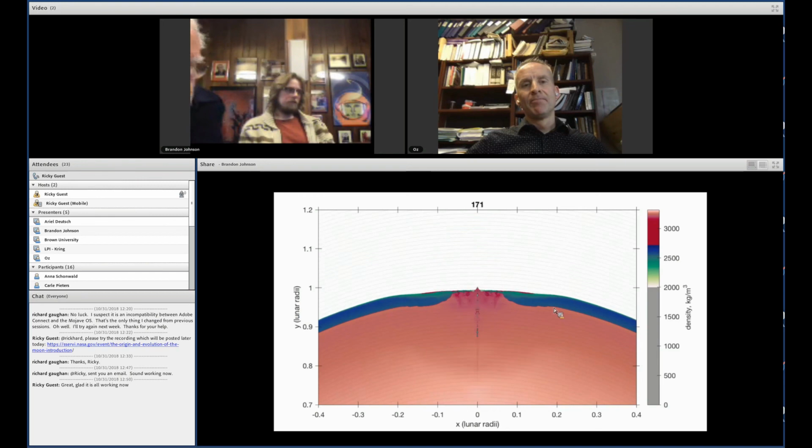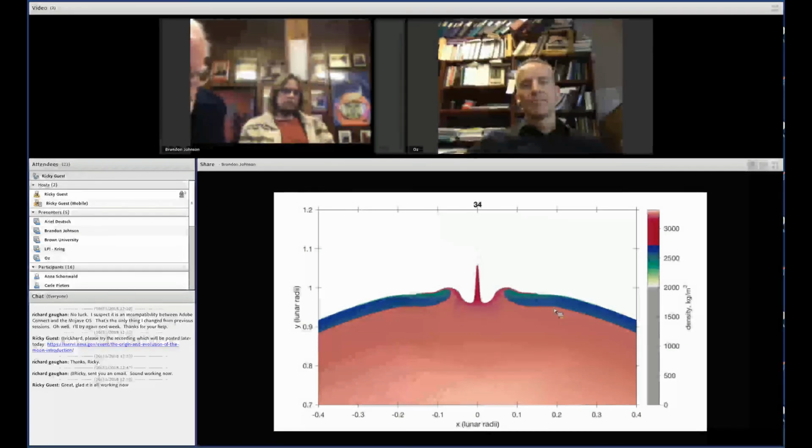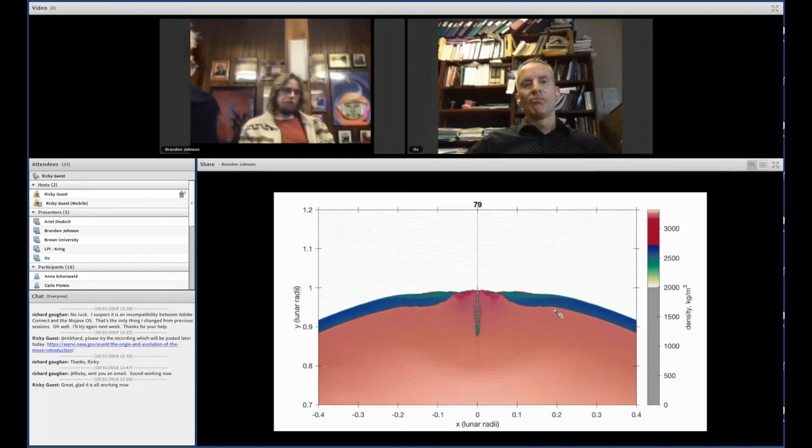I'd add to that, too, that Brandon mentioned the seismic data from Apollo, and of course we've heard from previous speakers about the necessity and desire to have broader scale seismic for both the near side and the far side. So that's something we really want to keep on our agenda for future missions.